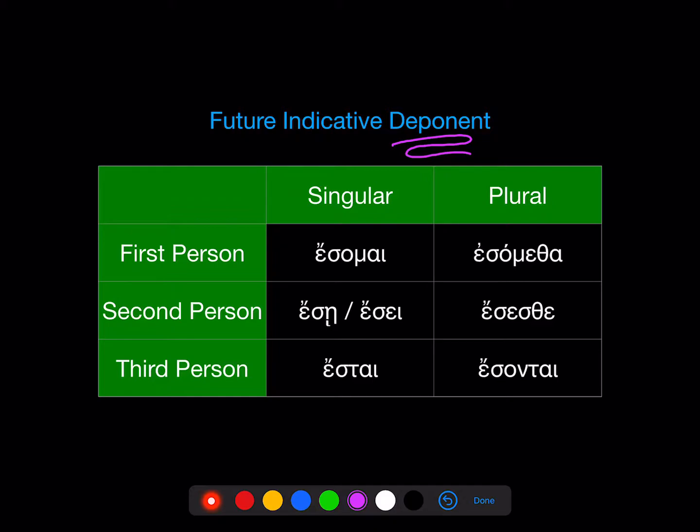So we'll talk a little bit more about deponent in a sec. Let's look at the forms: esomai, esē or esei, estai, esometha, esesthe, esontai. Okay, so you can recognize those middle endings there, but it gets translated actively. Esomai, I will be; esē, you will be.